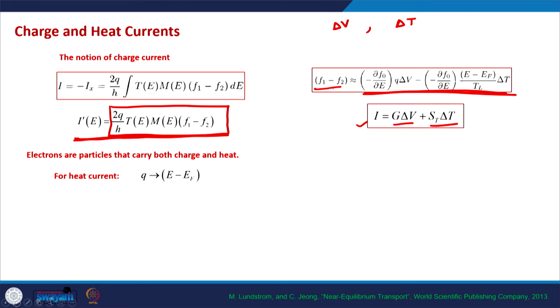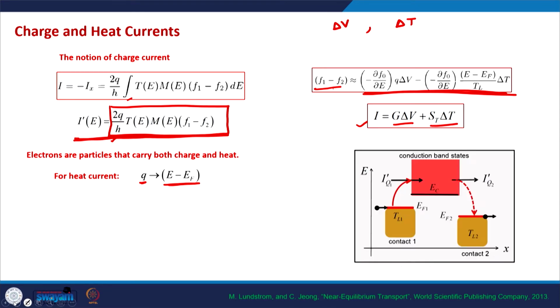In order to define the heat current, we just need to replace Q in this expression by E minus EF. And why E minus EF? The reason is that in most cases, most of the conduction takes place around the Fermi level. Especially in metals, almost all the conduction takes place at the Fermi level. In a metal, a new electron enters at the Fermi level, or any electron exits from the Fermi level itself.